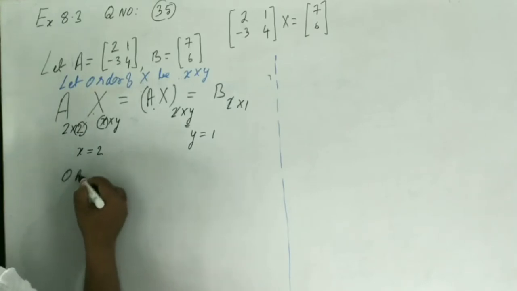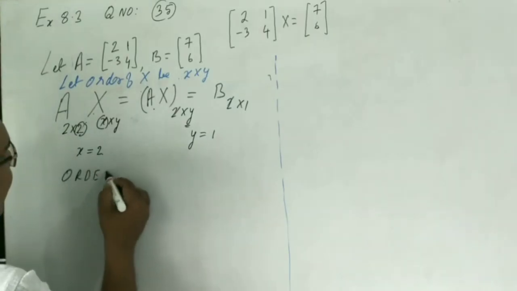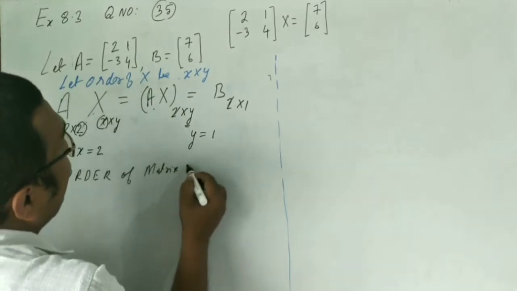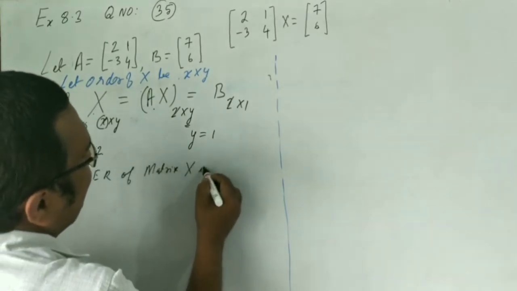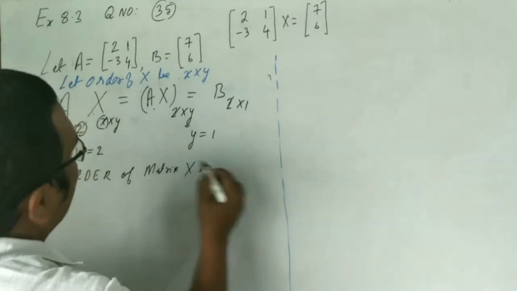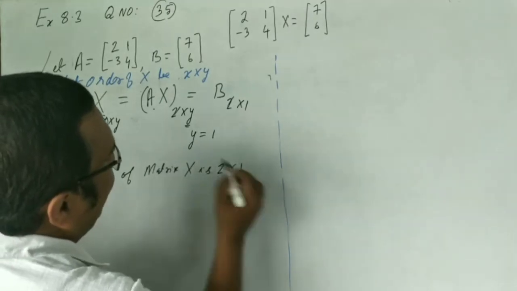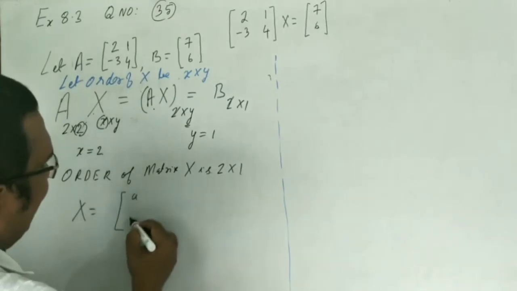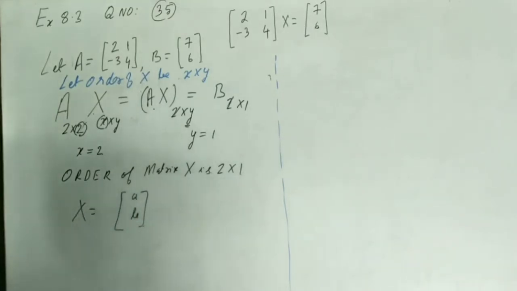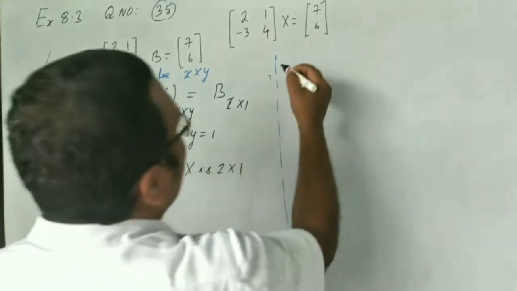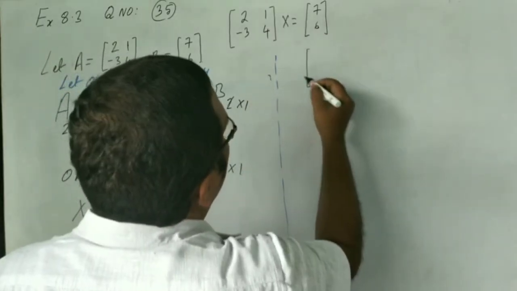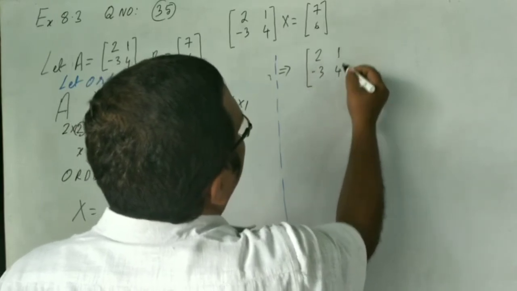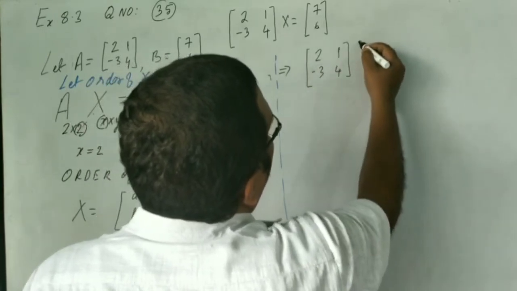Therefore, order of matrix X is 2 by 1. That is, matrix X has 2 rows and 1 column. Now let's start solving. Here [2, 1; -3, 4] times [a; b] is equal to [7; 6].